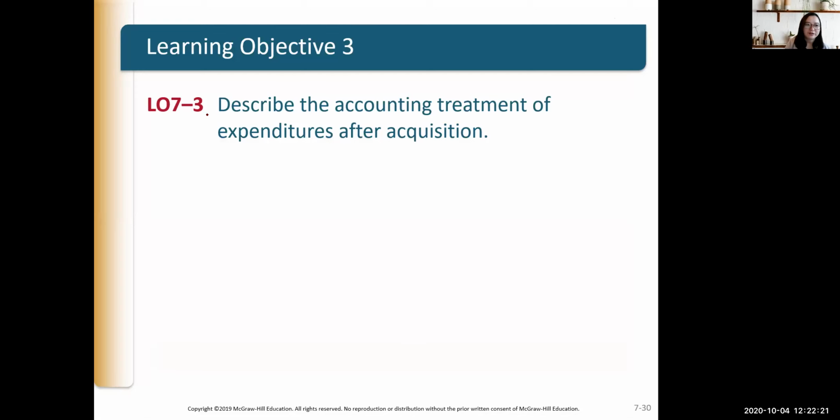Learning objective 7.3 is to describe the accounting treatment of expenditures after acquisition. That's very important. We understand that for tangible assets, the cost should equal the price you pay plus all expenditures paid to get it ready for use.